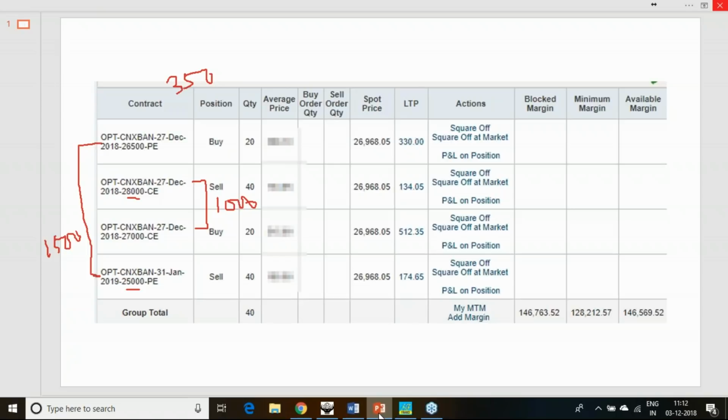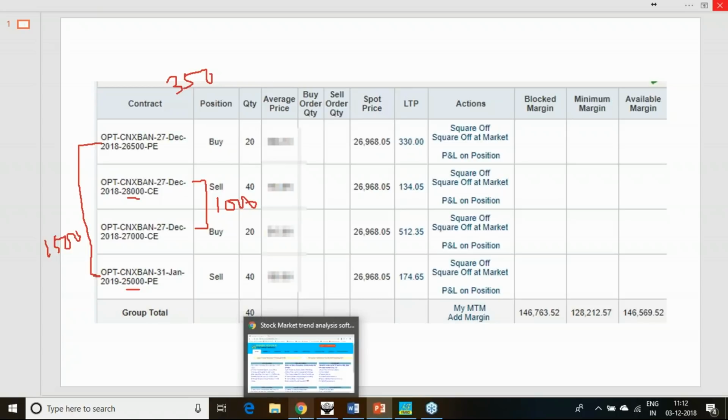However, we do not want this event-related volatility to go out of our hands, and we will participate in this event-related volatility with a great deal of protection and adjustment in our portfolio. So keep following this strategy and give your feedback.